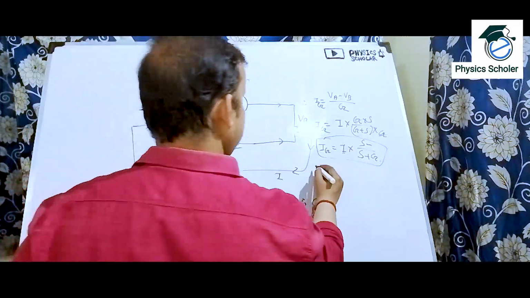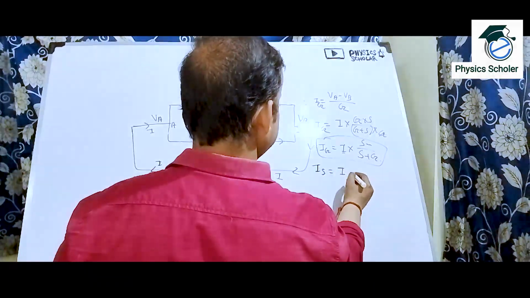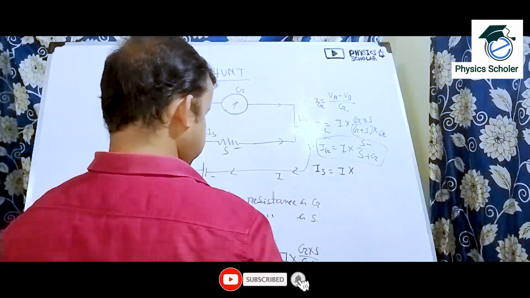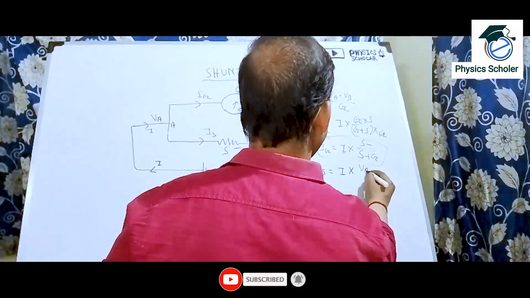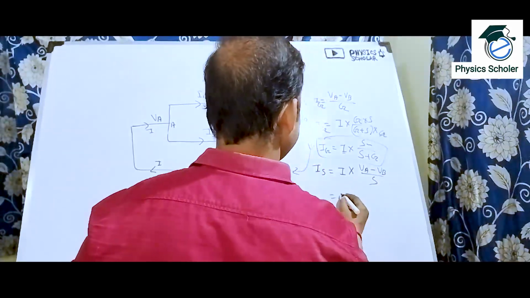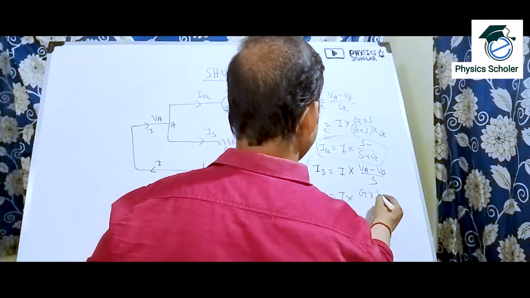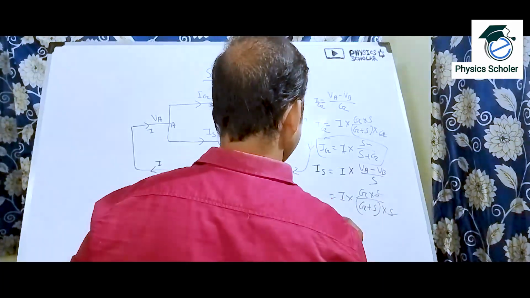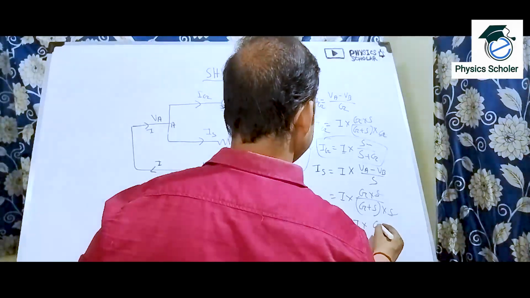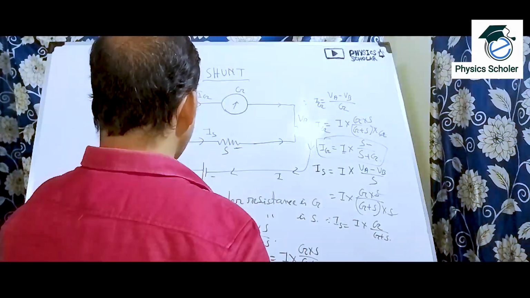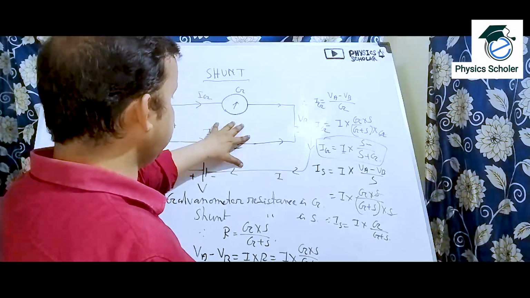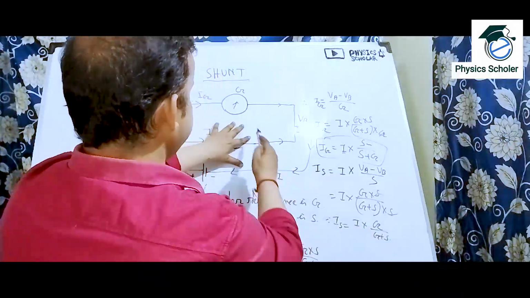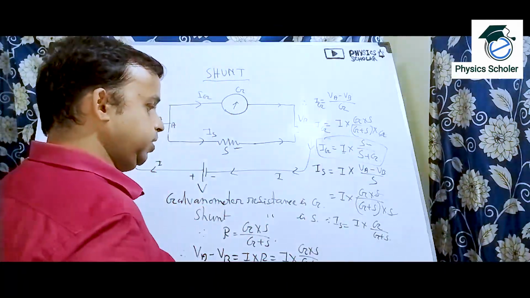Similarly, what is IS? IS is equal to VA minus VB by S, so I into G into S divided by G plus S, into 1 by S. So IS means I into G divided by G plus S. So when the current flows through the shunt, we take the resistance of the galvanometer divided by the sum of galvanometer and shunt resistance.